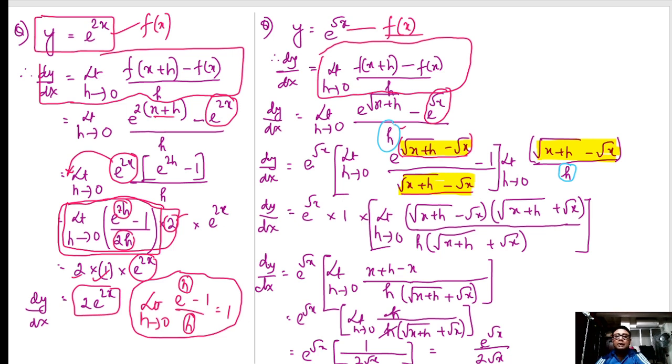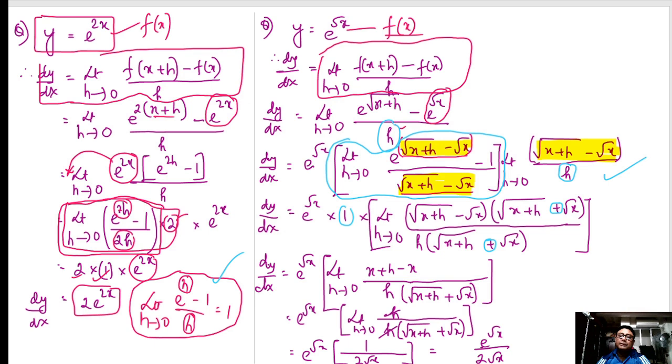Okay, so now this whole thing becomes 1, because it is coming under a formula. Which formula? This formula. So this becomes 1, and now applying the limit on this part. We are rationalizing the numerator, so we multiply with the opposite sign, up and down.